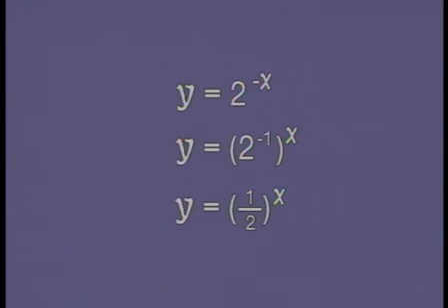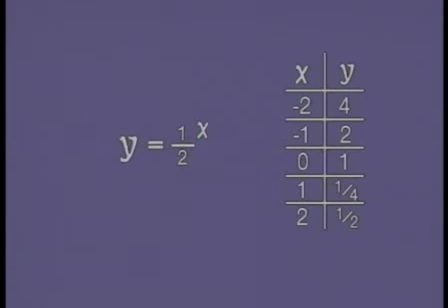And let's see how we graph that. The next visual shows us a roster of points for 1/2 to the x, which of course also could be written as 2 to the negative x. Notice now when we plug in x is negative 2, 1/2 to the negative 2, well, that says take the reciprocal of 1/2, which is 2, and raise it to the positive 2. So the answer is 4.